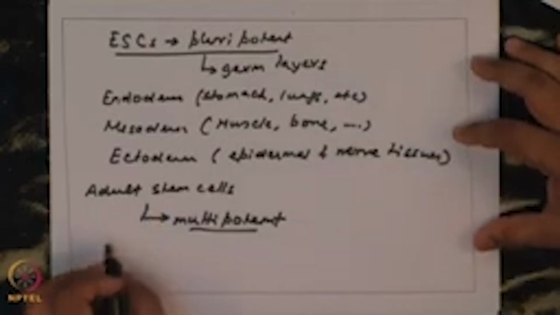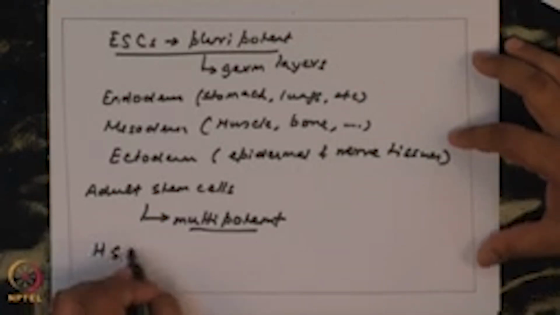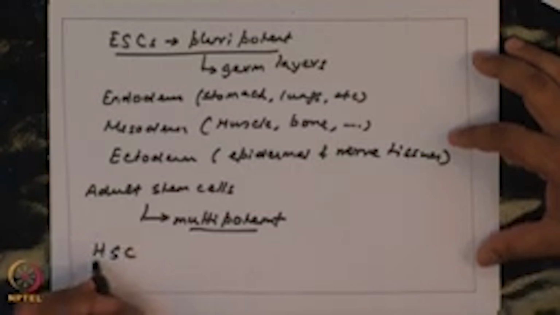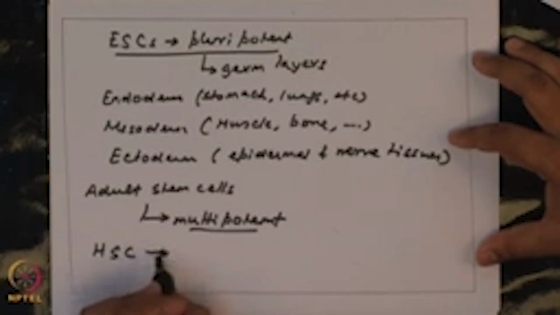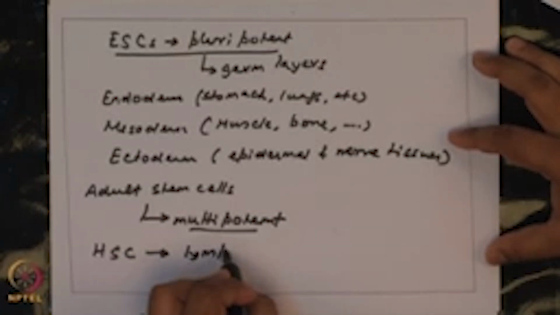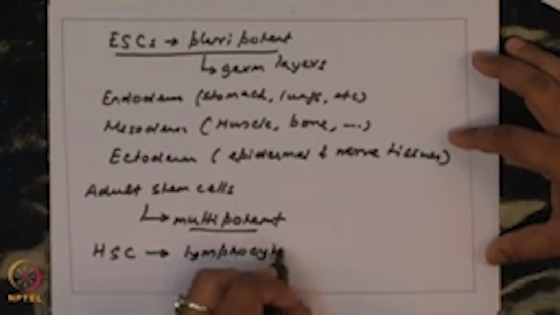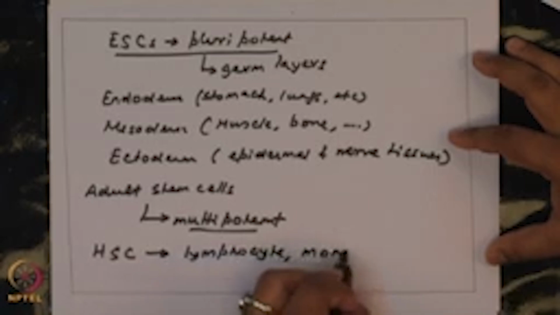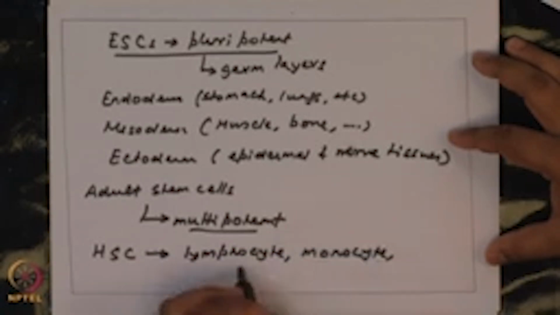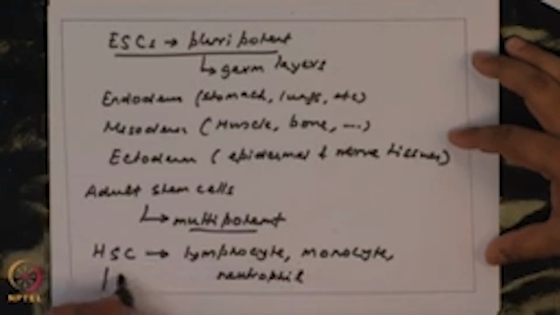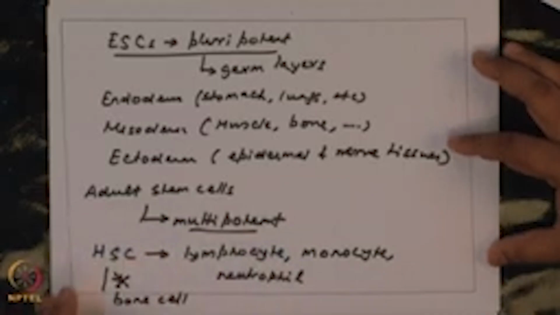So, for example, if you have a hematopoietic stem cell, H is for hematopoietic, it can give rise to all blood cell types, including lymphocyte, monocyte and neutrophil. But it cannot give rise to a bone cell. So, this is called multipotent.